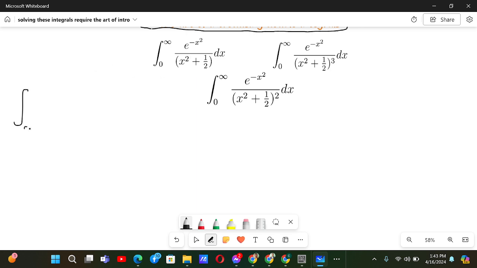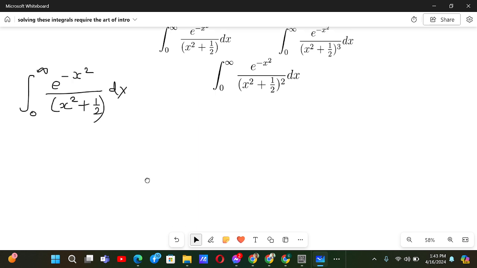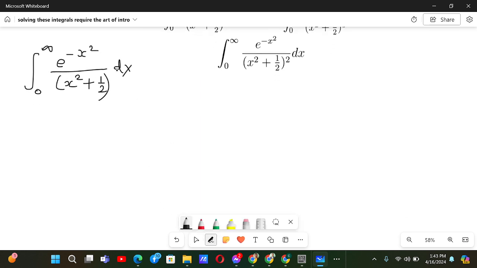Integral from 0 to infinity of e to the power minus (x squared plus 1/2) dx. A way we can do this is to first try to make the power also the same.